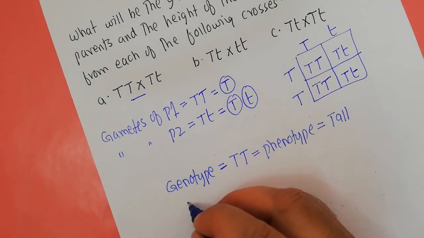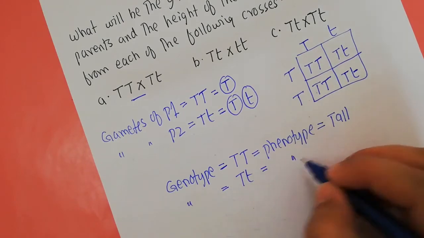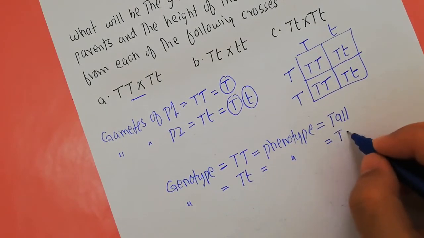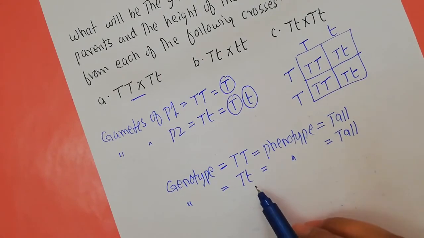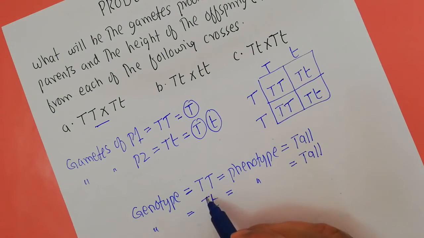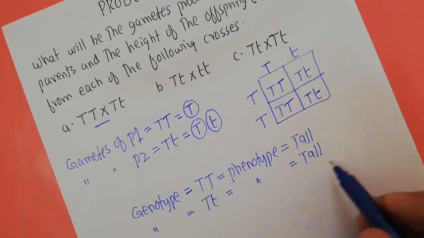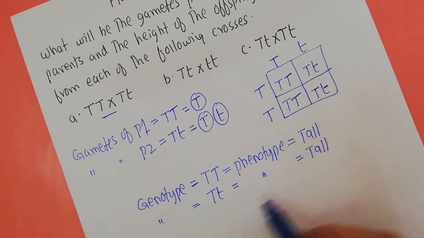Of course the phenotype again will be tall, because the capital T is dominant over the small t. So the capital T is going to express itself in the heterozygous condition as well. The only difference between these two tall plants is that the genotype of these tall plants will be homozygous, and the genotype of these tall plants will be heterozygous.